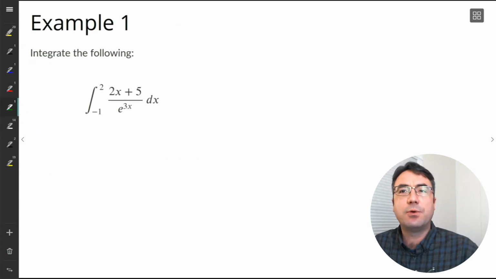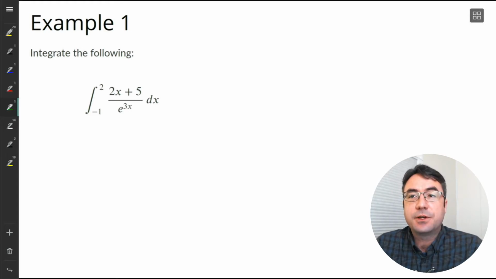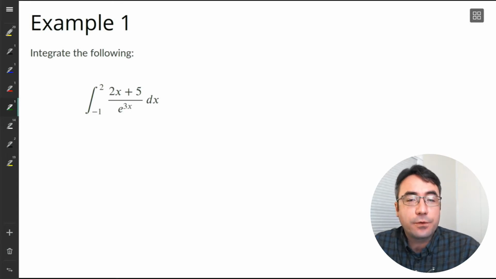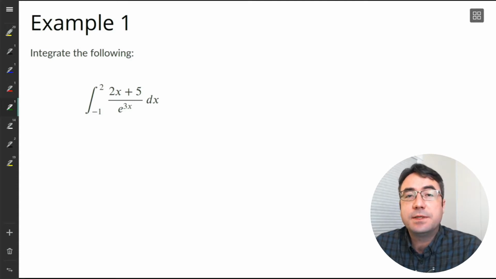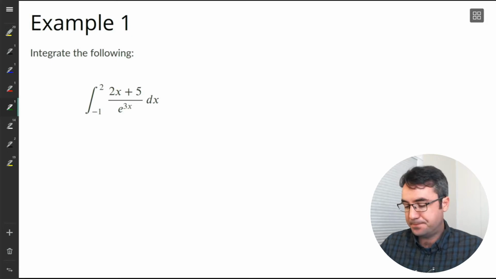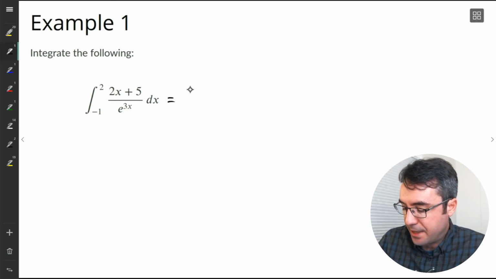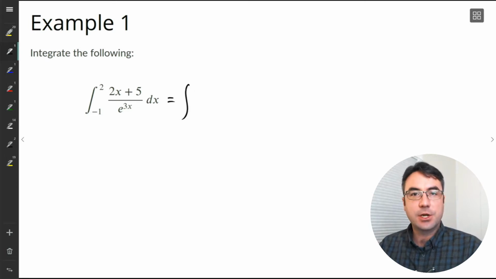We're going to try example 1, and we're going to evaluate the definite integral of the function (2x + 5) over e to the 3x, evaluated from -1 to 2. Before we go any further, let's rewrite this function as a product, which will help with the integration by parts.